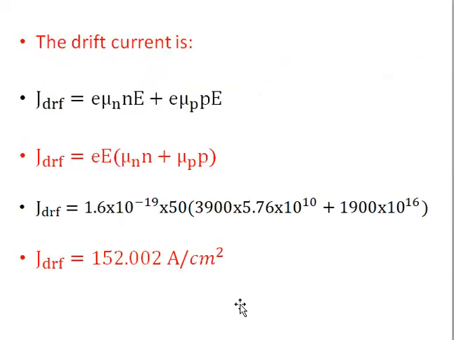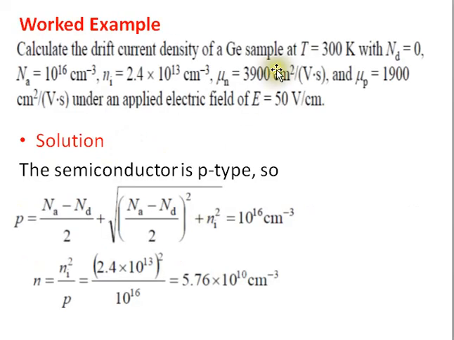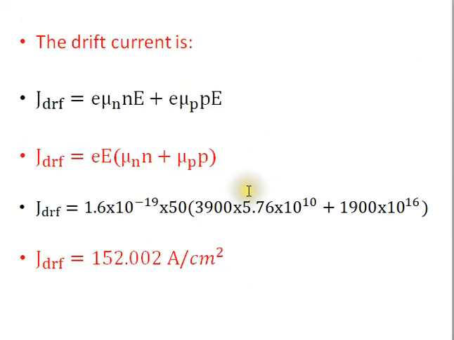Now using that value, I'll use the formula for calculating the total current density, that is e times E into (mu N times N plus mu P times P). My e, the charge of the electron, is given here as 1.6 times 10 raised to the power minus 19, the electric field is given as 50 volt per centimeter, mu N is given as 3,900, and mu P is 1,900.